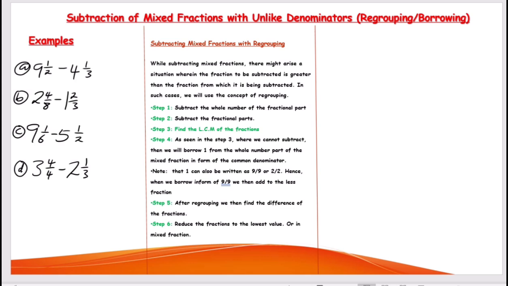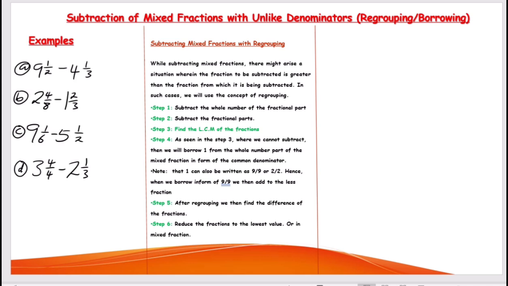So if you subtract 3 over 3 from 4, that is going to give you 3. That is, 4 minus 3 over 3 will give us 3. So please take note of that when we are borrowing as we proceed in the exercise.